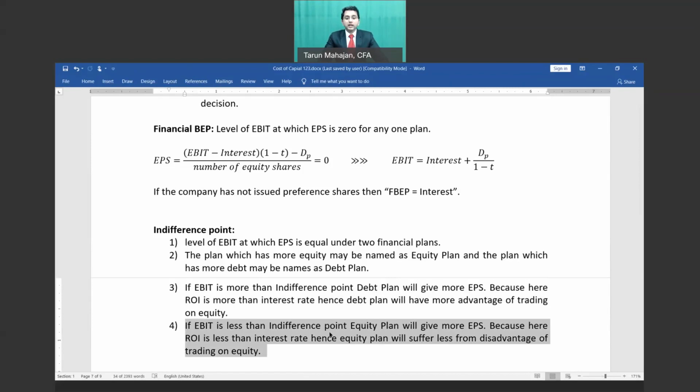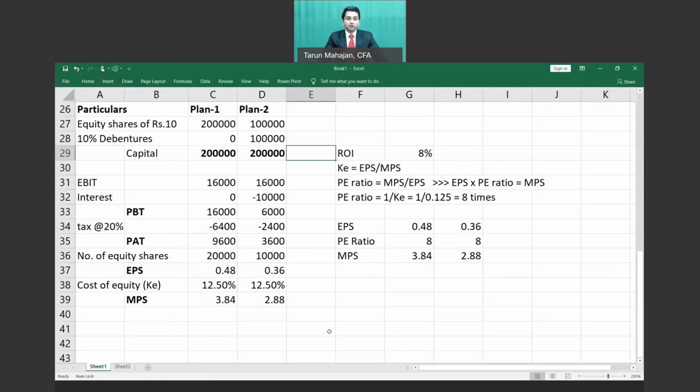So why do we get indifference point at all? The reason is quite simple. Say your EBIT is 30,000 rupees and you give a decision that plan 2 is better than plan 1.